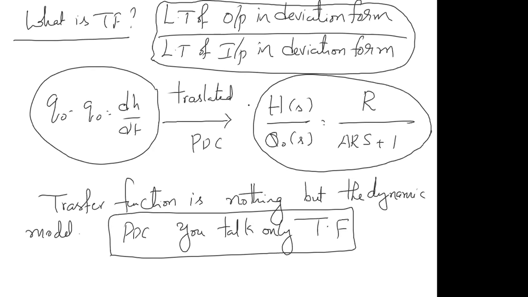What is the use of a transfer function is something I will tell later on. No, transfer functions are not steady state models. Transfer functions are unsteady state models. So this S comes into the picture, which means it is unsteady state. What is S? It is nothing but another form of t, no?